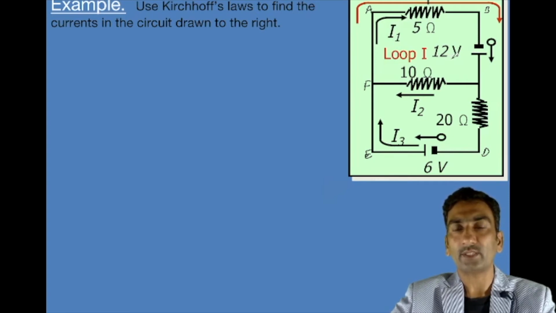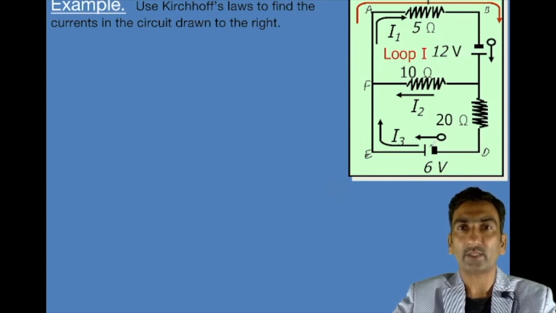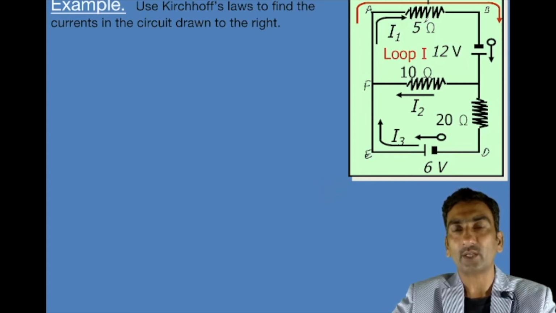There are two batteries in this circuit, a 12 volt battery and a 6 volt battery, and three currents. I1 flows in loop 1 across this 5 ohm resistance, I2 flows across this 10 ohm resistor, and I3 flows in this side across this 20 ohm resistor.